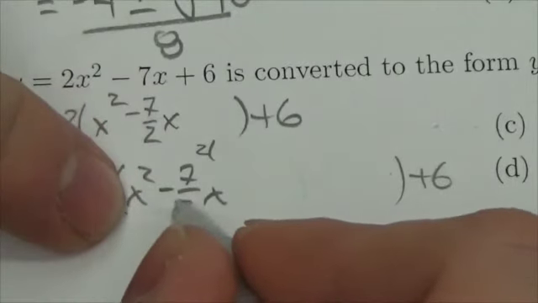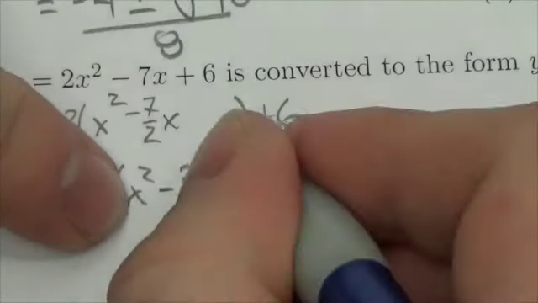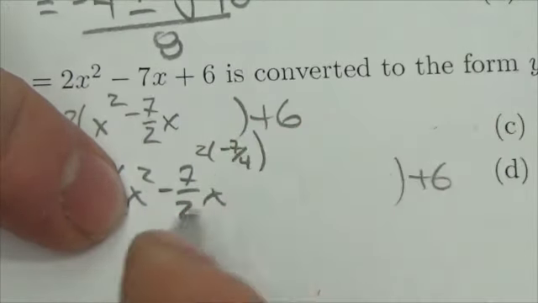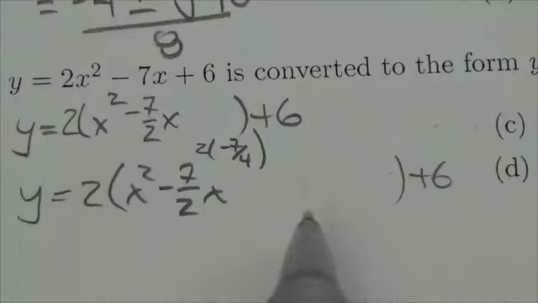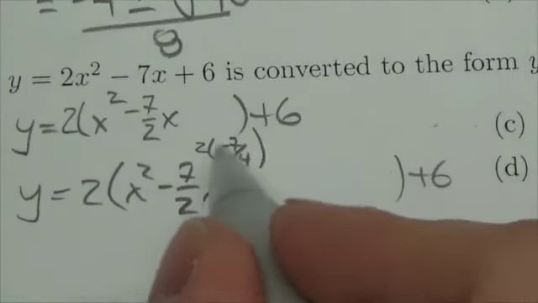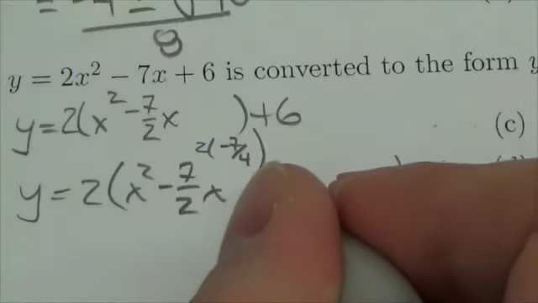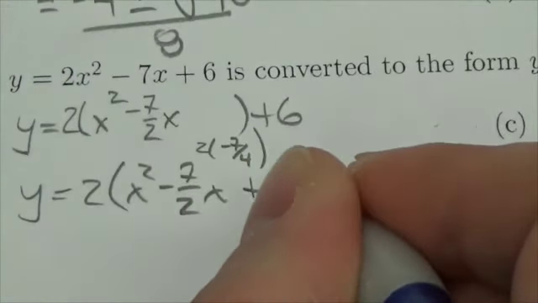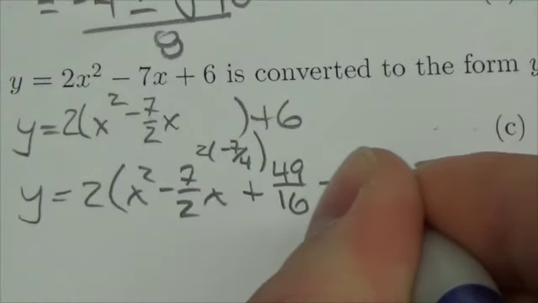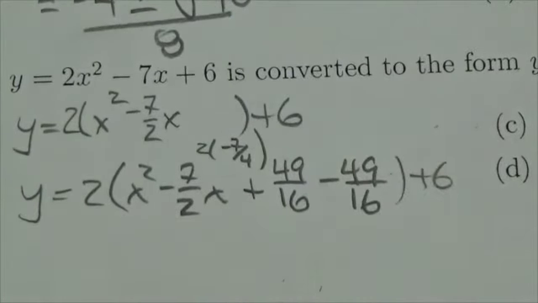When you take a 2 out of negative 7 halves, that is like putting another factor of 2 in the denominator, which gets me negative 7 quarters. Now, to complete the square, I need to take that number and square it to get 49 sixteenths, and then from that I will subtract 49 sixteenths.